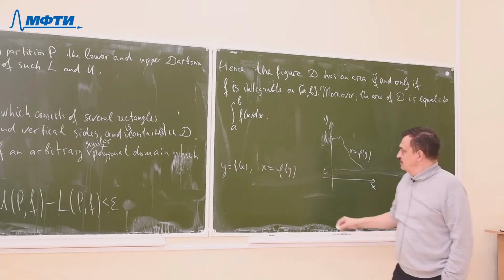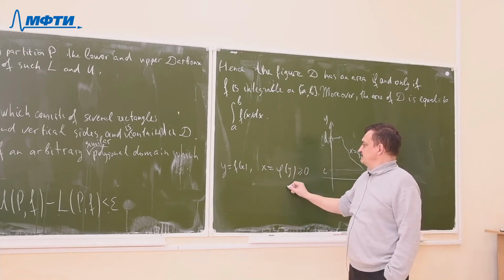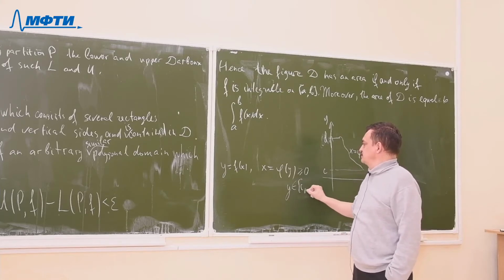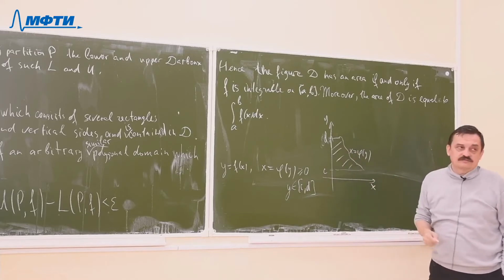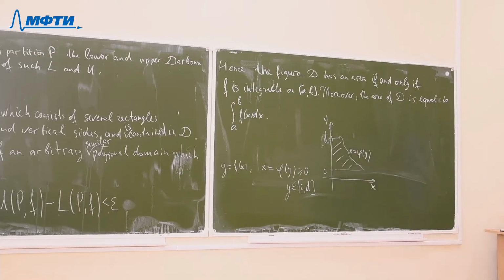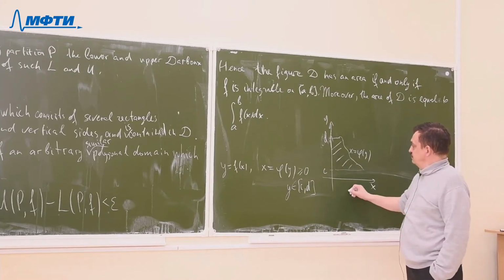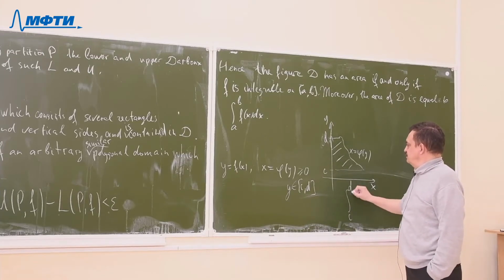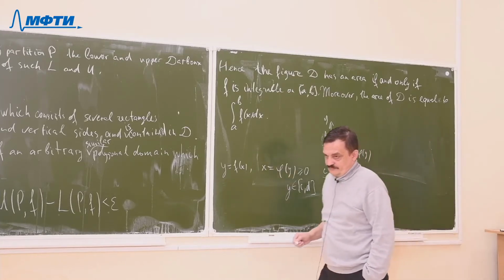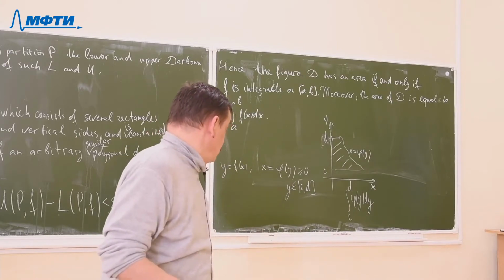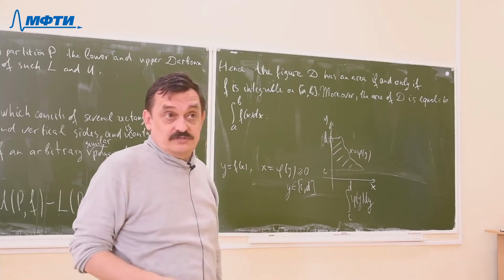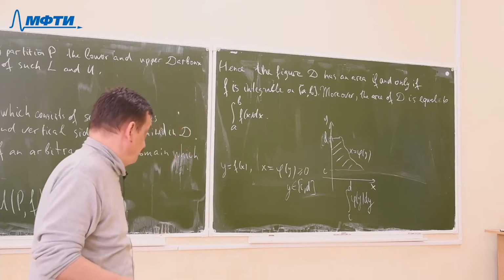So it is non-negative when y belongs to CD, and then the area of such a figure is equal to the integral from c to d of phi of y dy. Formally it is a little bit different, but of course it's the same.